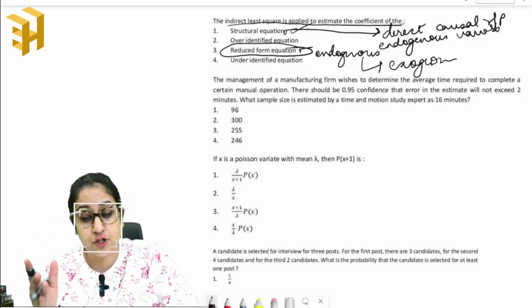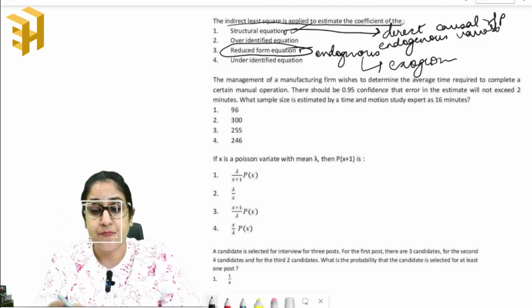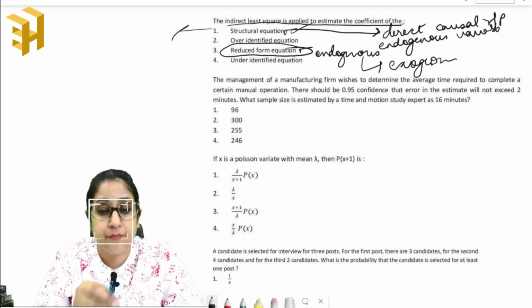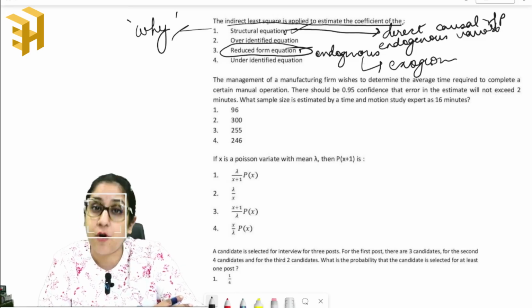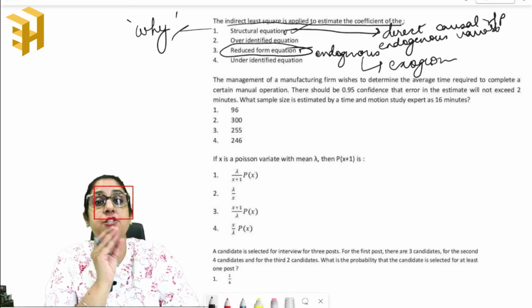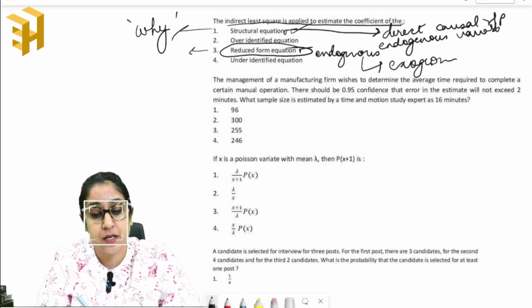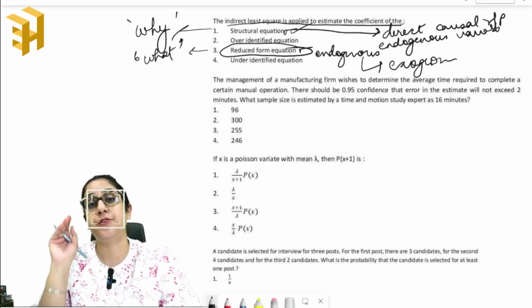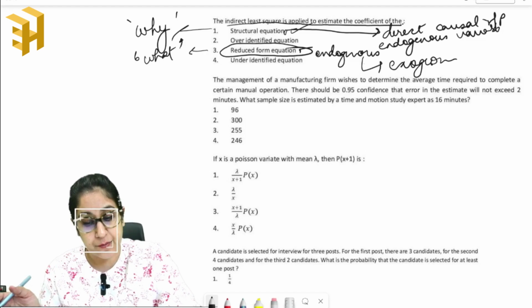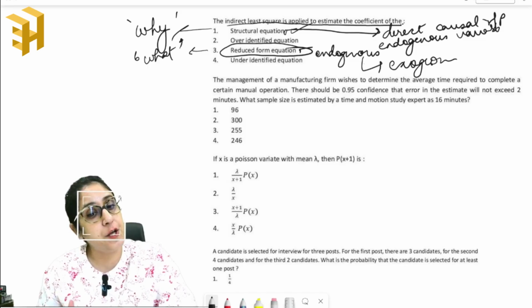Another difference is that your structural equation explains the why of the model, that is why a specific change is happening, whereas your reduced form equations represent the what: how is your endogenous variable reacting to your exogenous variables? That is the main difference between the structural and the reduced form equation.